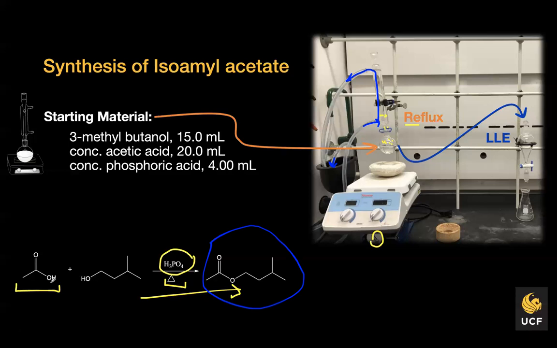So think about it. If that's what we start off with, we're heating up the reaction to form the product, and then we're placing it in a separatory funnel to extract or to separate the product of interest from other molecules. What exactly is present in solution, and what would we add to separate the product of interest?